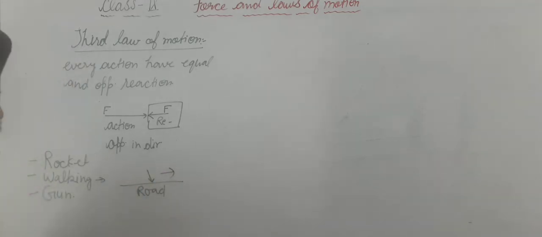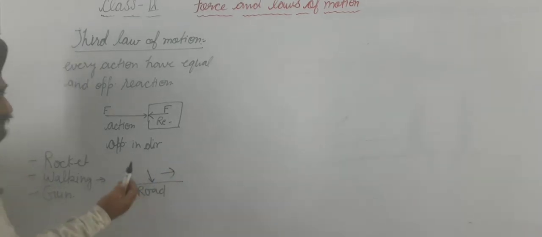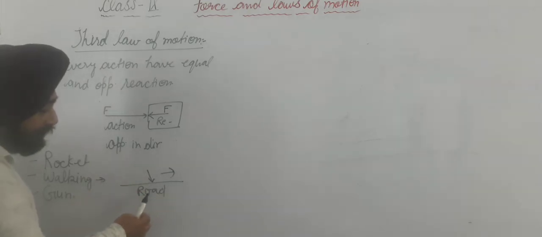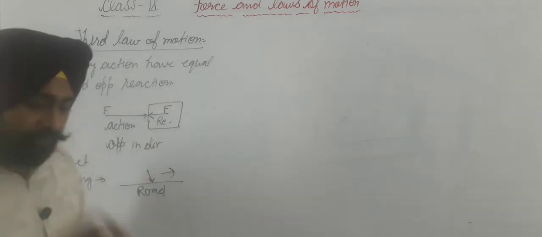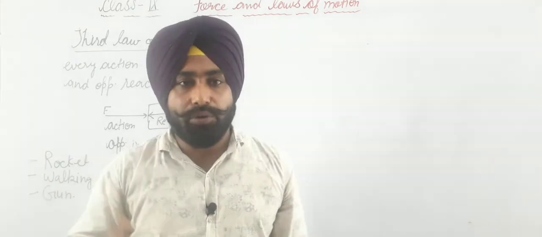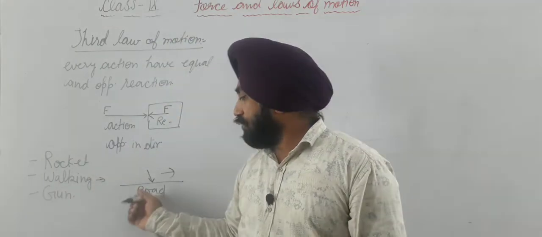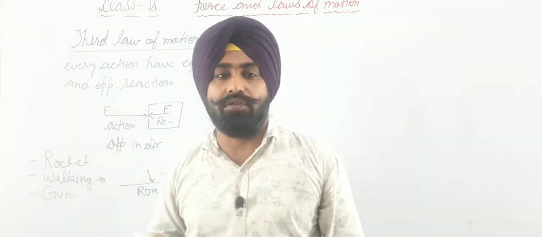Here one question is raised: if we are moving due to this force, then why is the road not moving with the force applied by us? If we are applying force, the road should also move. Why is the road not moving?